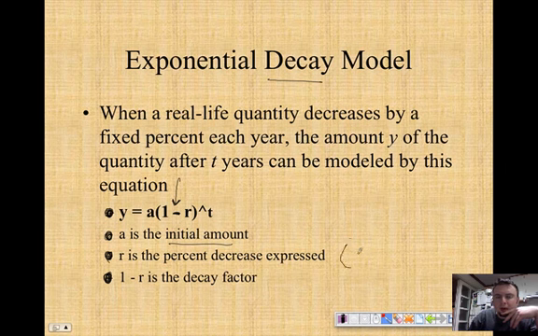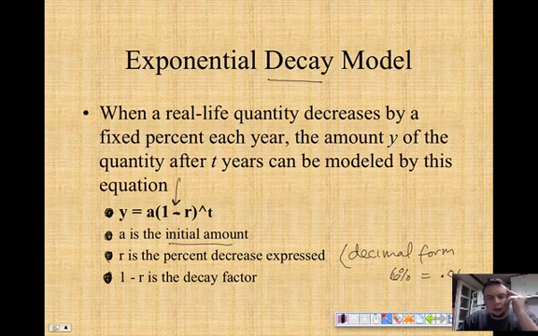Remember, don't forget that this R has to be in decimal form, meaning 6% is really equal to 0.06 and so on. That's key. People miss that all the time. And 1 minus R we call the decay factor.